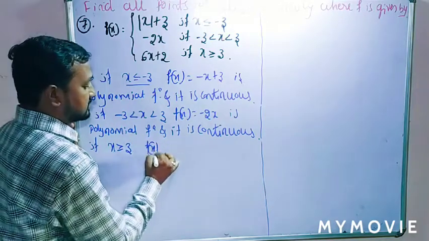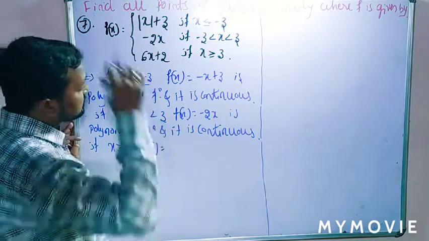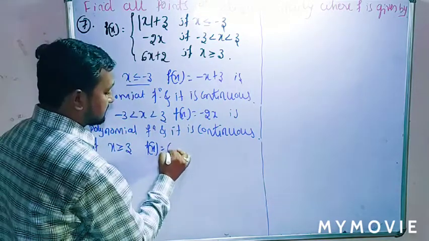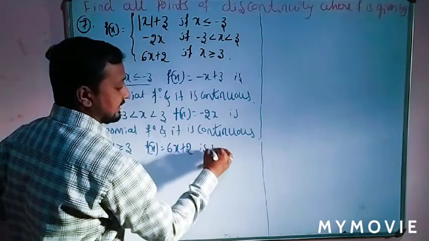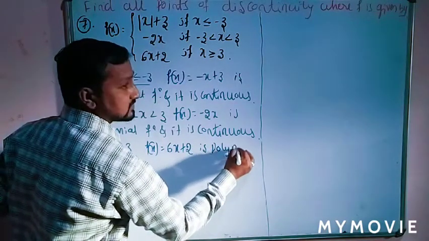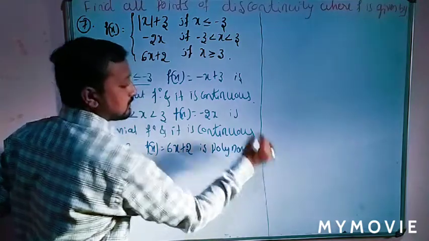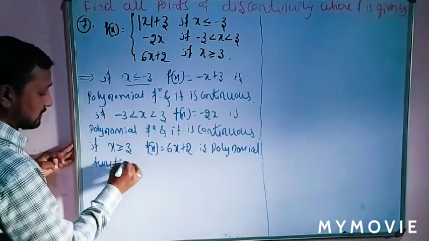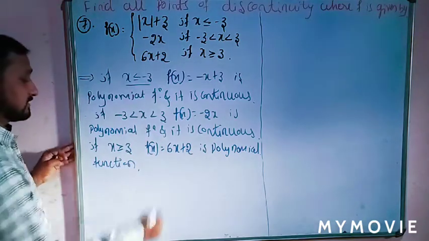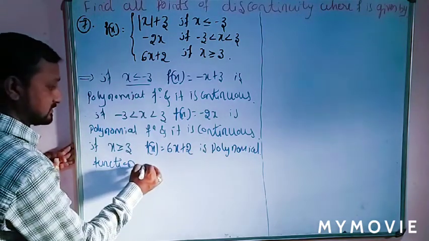f of x is equal to 6x plus 2. It is also obviously a polynomial function, and it is continuous.